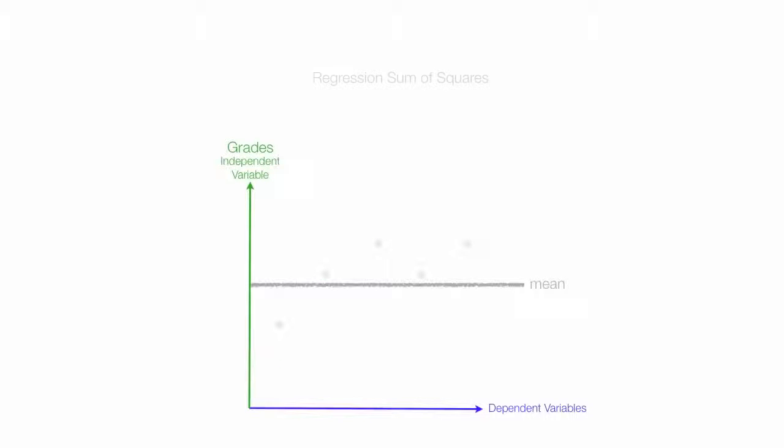So now, I'm going to do regression sum of squares. So I draw on my regression line. The brown dots are the estimated values. So regression sum of squares is the estimated value minus the mean. And again, I'll square that, but that's in essence what we're doing.